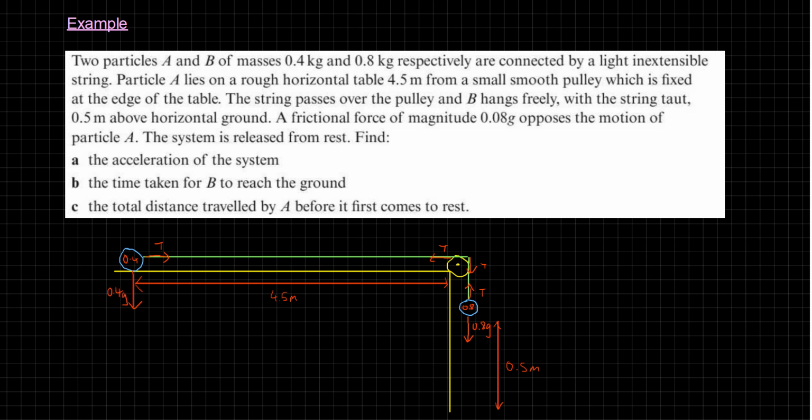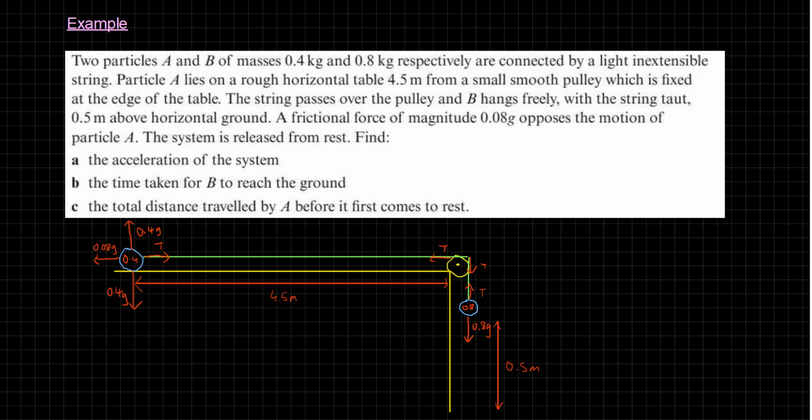We've got the reaction force of A, which is also 0.4 g, because we know it's not sinking into the table or flying up in the air. And we've additionally got a resistive force of friction on this one, which is 0.08 g. Is that everything? I believe it is. Yeah, that's all the relevant forces.